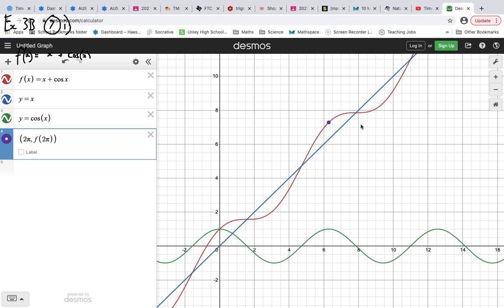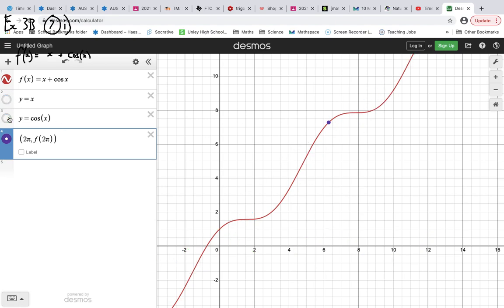It's not going to be enough to ever make this red line go downhill. So it's never decreasing, although it looks like it goes to 0 there and there. So it has stationary points, but they're stationary points of inflection, and it's going up all the time. And I would say it's always increasing.